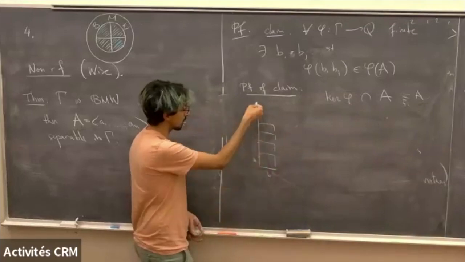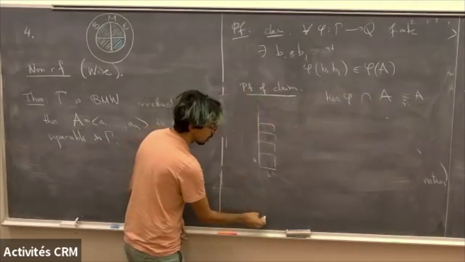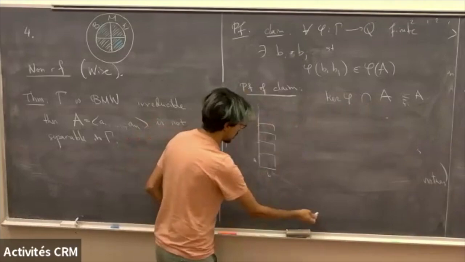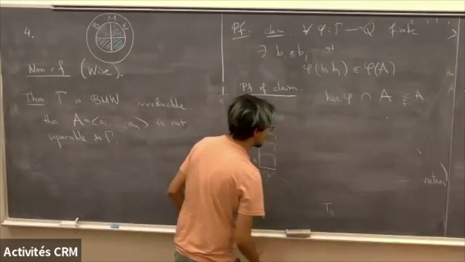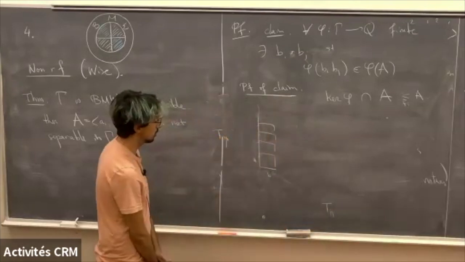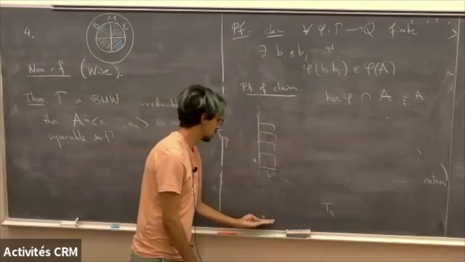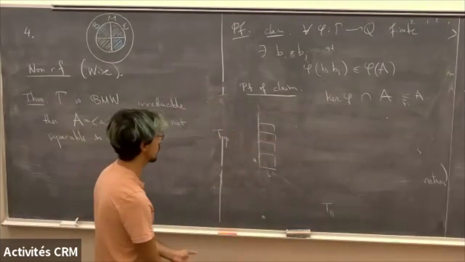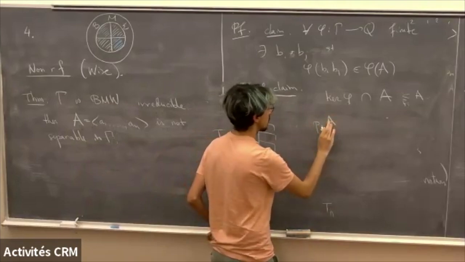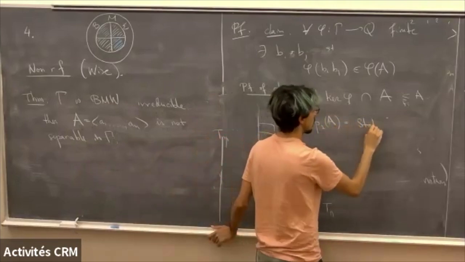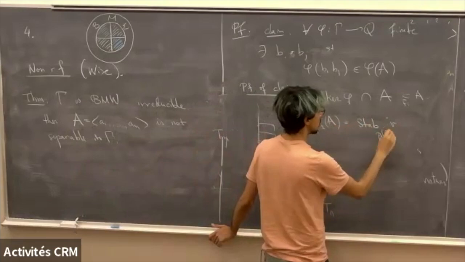If I take elements in the subgroup A, they fix a vertex of the B tree, and in fact they are exactly the stabilizer of this vertex when I project. My point is that P1 of A is exactly the stabilizer of some vertex in P1 of gamma.